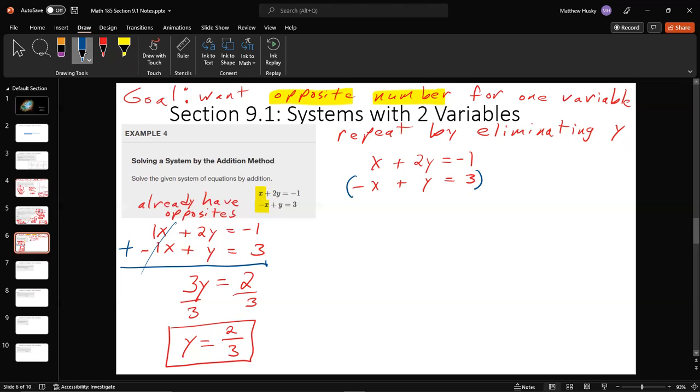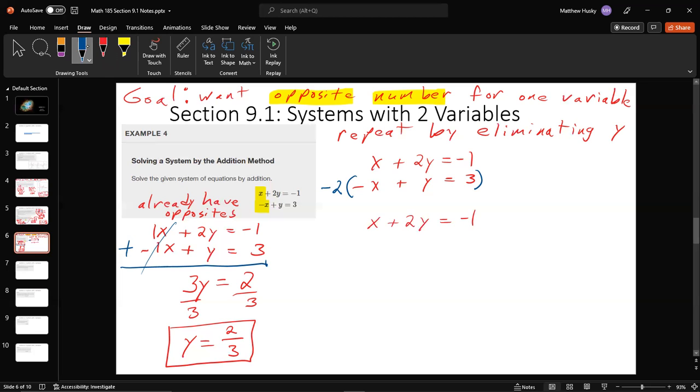Because the top equation has a +2, and this y down here has nothing, I'm going to multiply it by a -2, and a -2 will pair off nicely with the +2 that is already there. So for the first equation, x plus 2y equals -1, that one is not changing.